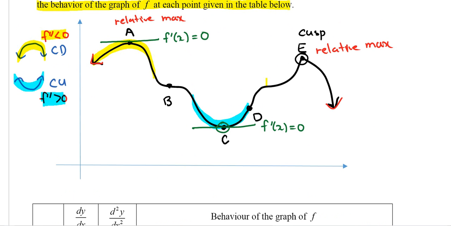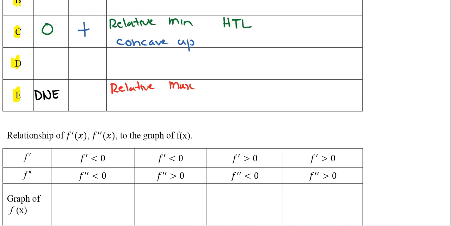It looks like I'm concave up. And if I look at the left-hand side, it looks like I'm concave down. So since I changed concavity, that means I have an inflection point, right? Inflection point means that you're changing concavity from positive to negative, or from negative to positive. So at point E, I also have something called an inflection point.